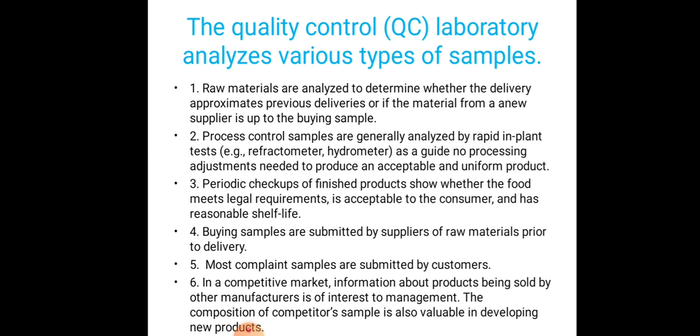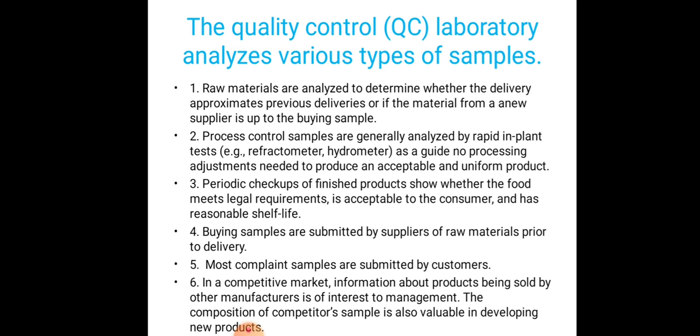Process control samples are generally analyzed by rapid in-plant tests, for example refractometer, hydrometer, as a guide to whether processing adjustments are needed to produce an acceptable and uniform product. Periodic checkups of finished products show whether the food meets legal requirements, is acceptable to the consumer, and has reasonable shelf life.